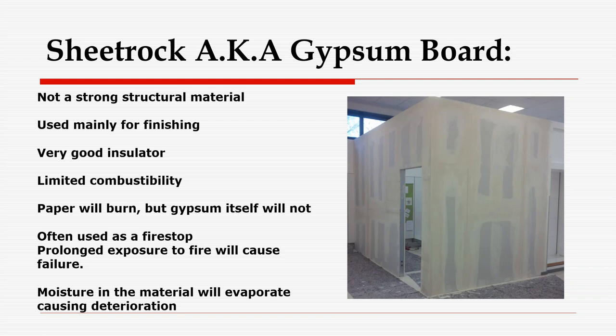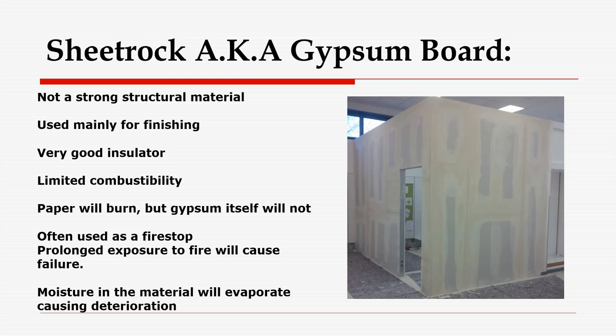Has limited combustibility. The paper of the gypsum itself will burn, but the inside, the gypsum itself, will not. As you know, if you were to crumble this, you've got two sheetings of paper on the outside, and in the middle you have your gypsum. So your paper on the outside is typically what will burn, not necessarily the gypsum inside.